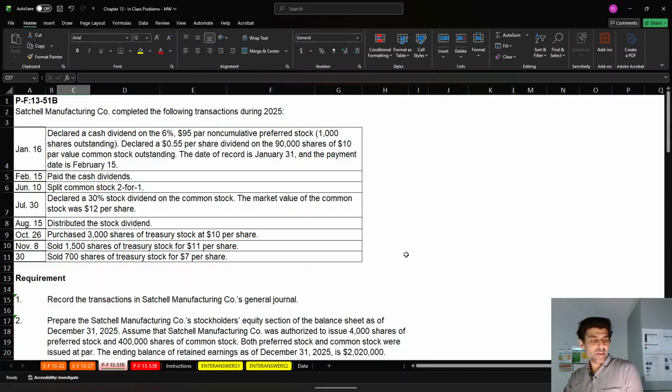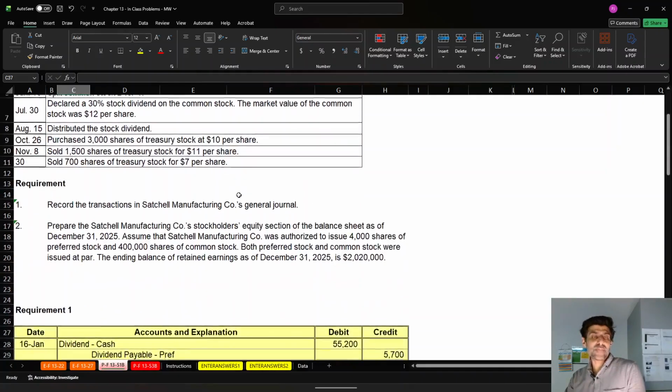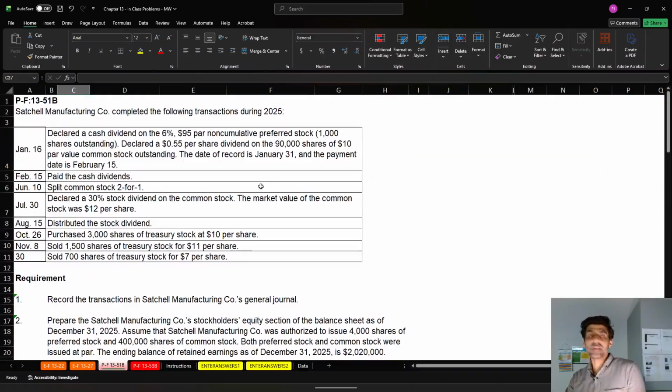How many shares of common stock are there? Well, there were 90,000. There's now, no, it's 2 for 1. So for every one share, there's now two. So it's 180,000 of $5 par value stock. Okay, because it was $10 par value.